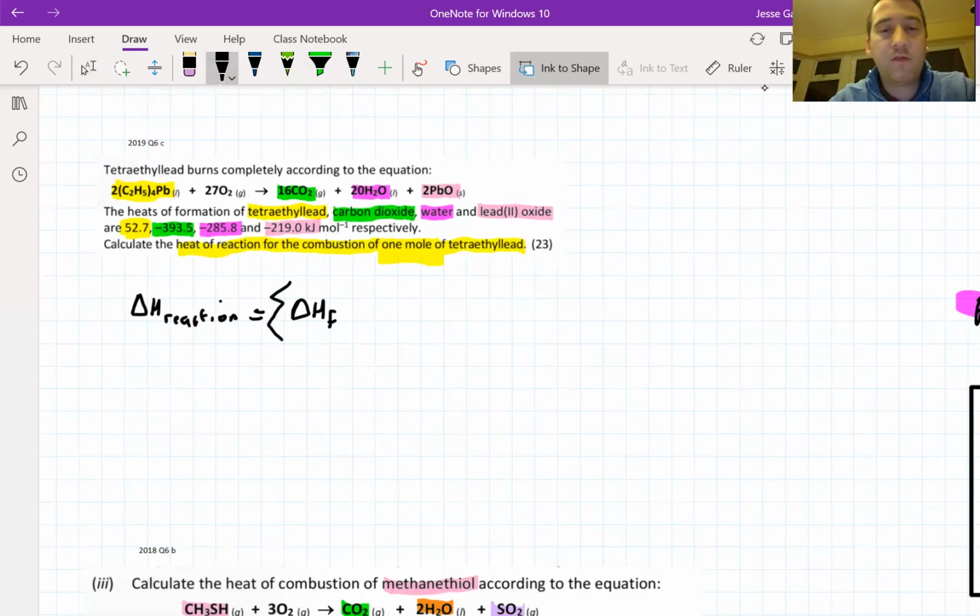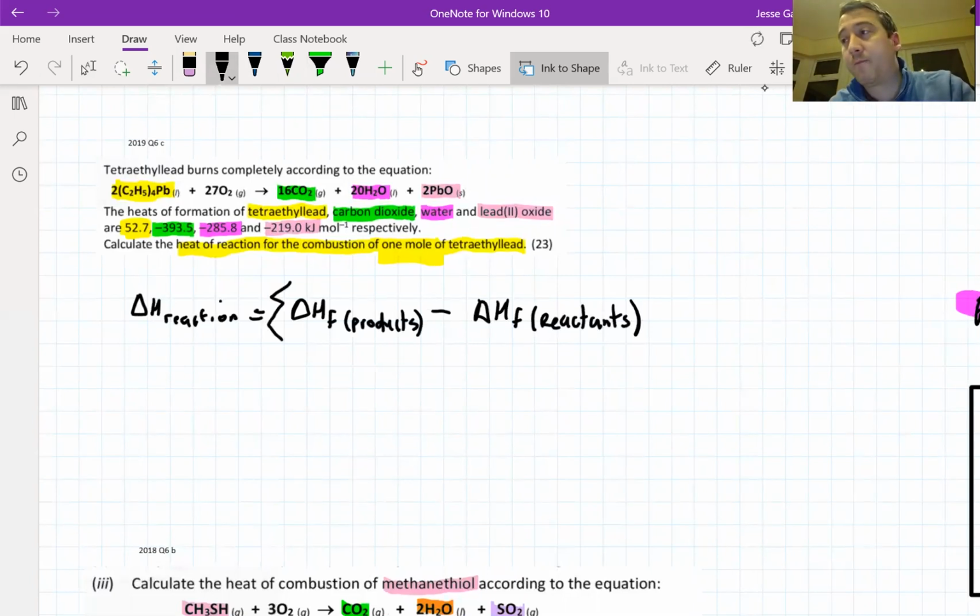The sum of delta H of formation of the products, take away the delta H of formation of the reactants. It's that simple. Okay, it really is that simple. The one thing we're going to watch in this equation is this guy here. It's a heat of combustion, so it has to be for 1 mole. Okay, it has to be for 1 mole.